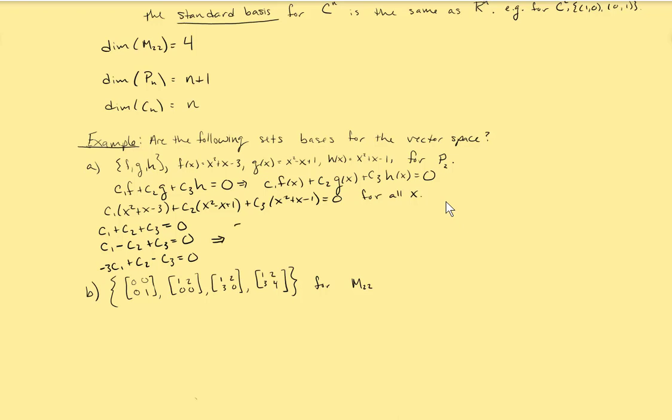So I'm going to pack this up into an augmented matrix. I want to see what those c values can possibly equal. And when I reduce this down using row operations, I get this, which implies all three scalars must be 0.